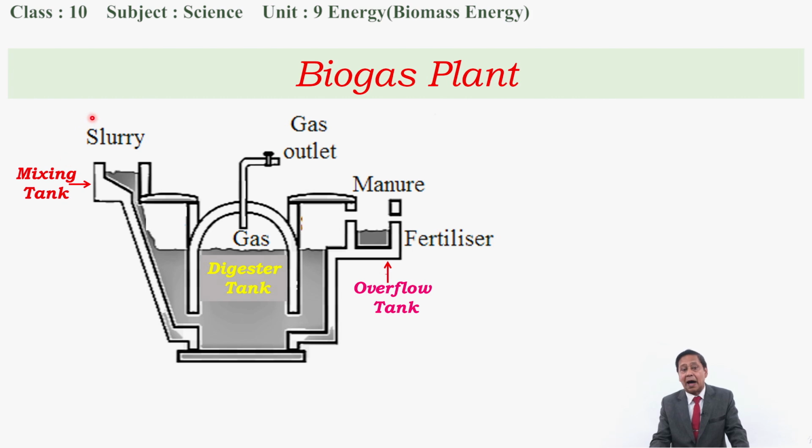Here the biomass is fed, and then the major process, destructive distillation, occurs in the digester tank, and the gas produced is taken out from this outlet, and because of the huge pressure of the gas produced in this space, exhaust pressure and used biomass material is then thrown out to this overflow tank. This way it works. I want to describe in detail its working.